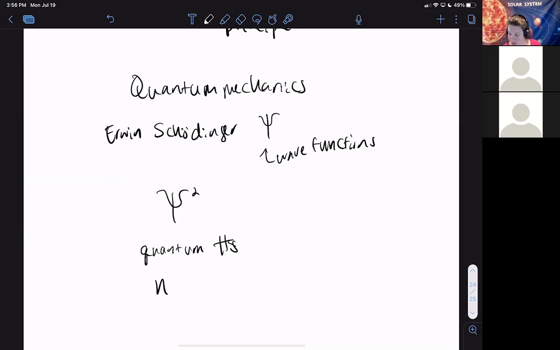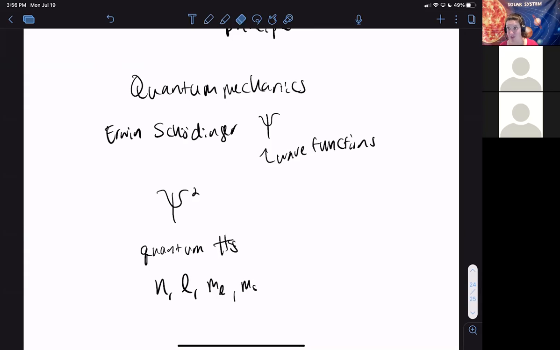So you get n, l, m sub l, m sub s. You should be able to solve for all of these. You should be able to determine if a set of quantum numbers is valid or invalid. You should be able to give the quantum numbers for any electron within an atom. And you should also know that no electron within an atom can have the same set of 4 quantum numbers.